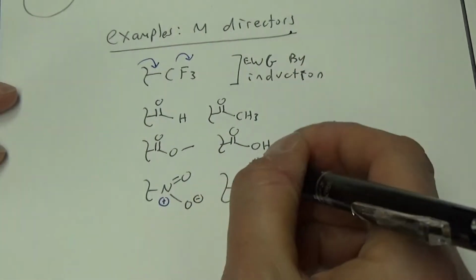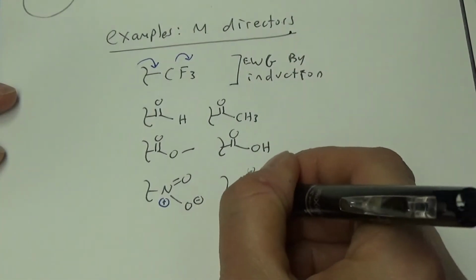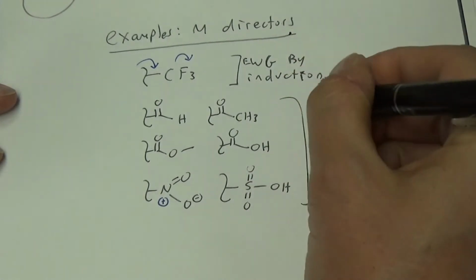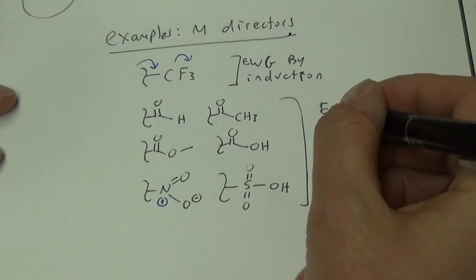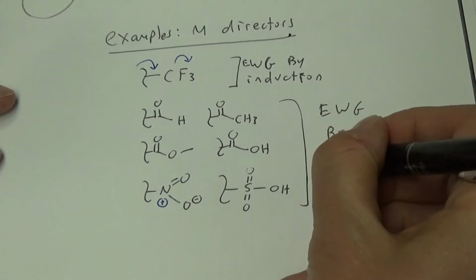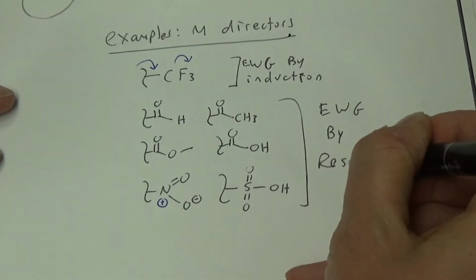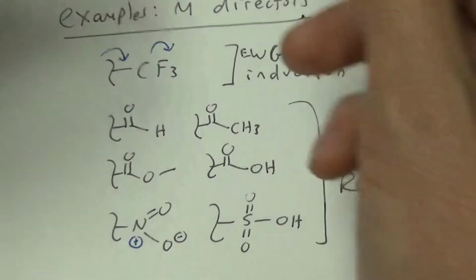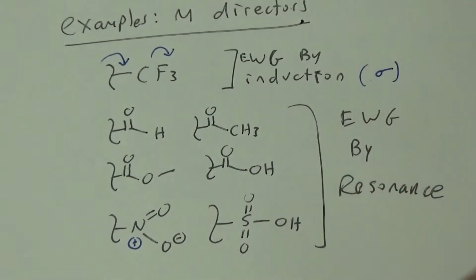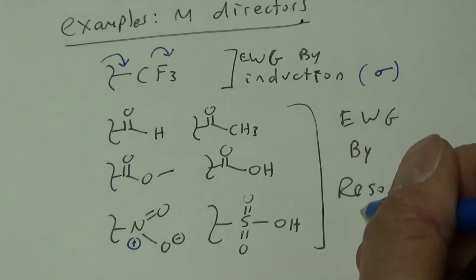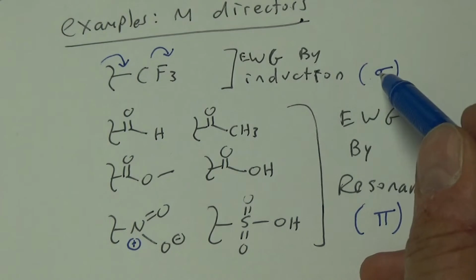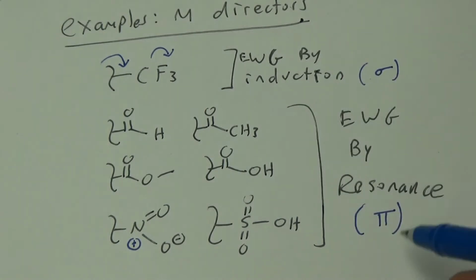Sulfonic acid, S double bond O, double bond O, OH. All of these are electron withdrawing groups by resonance. Which again, the induction was the, sorry, I got it backwards. Induction is sigma, resonance is pi system.